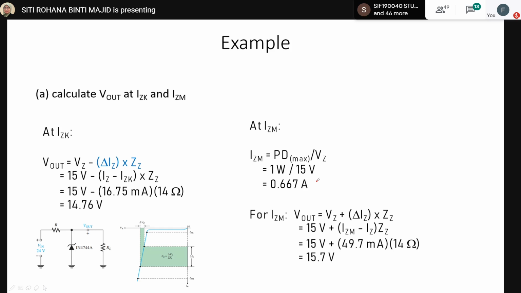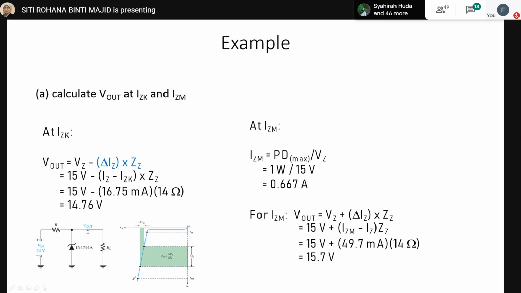And then from there, we can calculate the voltage out at this particular IZM value, which is 0.667 ampere. Here, if you see from the equation, there is a difference between these two equations. The first one is after IZK, that means a minimum, so this value should refer to the lower region. But IZM is a maximum, so it should refer to the higher part of IZM.